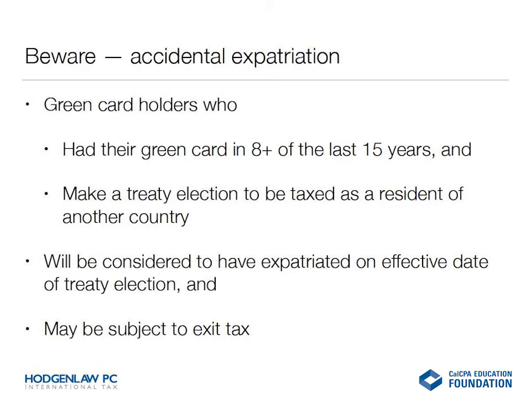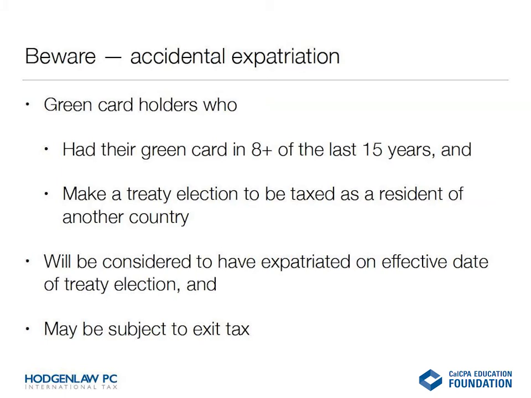Upon making that treaty election, if they've met the 8 or more out of the last 15 rule, they will be considered to have expatriated on the effective date of the treaty election. And depending on the circumstances of their situation, they may be subject to exit tax. But regardless, there's definitely more paperwork to file if that happens.